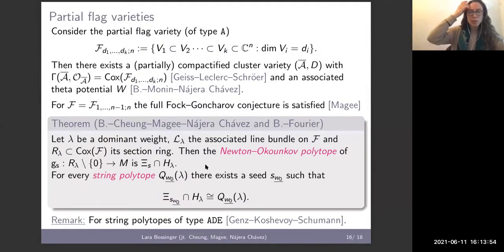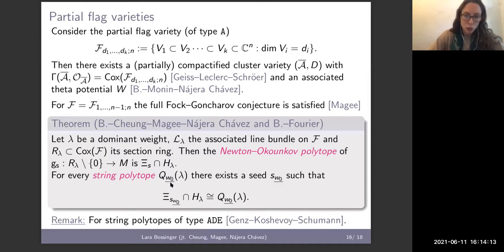And moreover, if you think of the string polytopes that are known to be Newton-Okounkov polytopes for the flag varieties, for every string polytope, they depend on a reduced expression of the longest word in the symmetric group and the dominant weight.